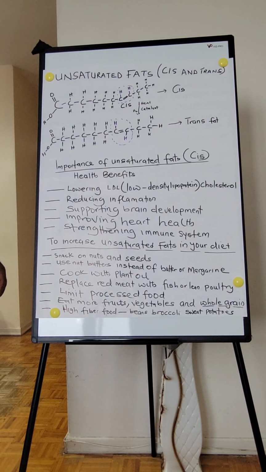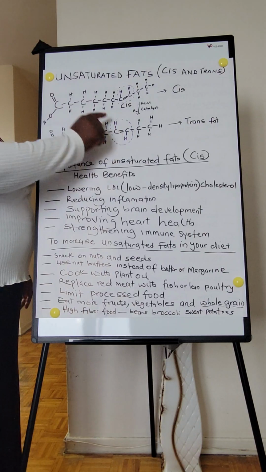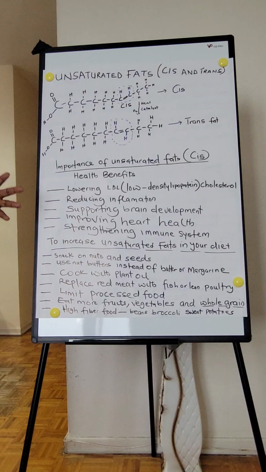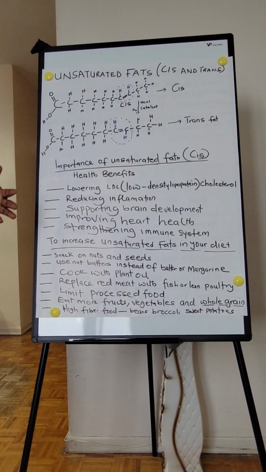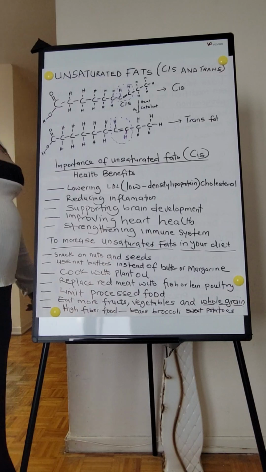But unsaturated fats are liquid at room temperature because they have a double bond, and that double bond is a factor that can make them bend. It can make them take any shape. That's why it is liquid at room temperature.